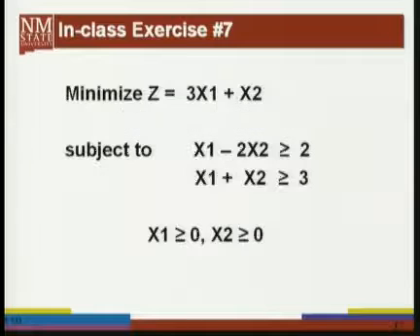Okay, so first, to implement the big M method, we need to standardize the given LP, right? So first you need to modify the constraints of the given LP so that the right-hand side of each constraint is non-negative.